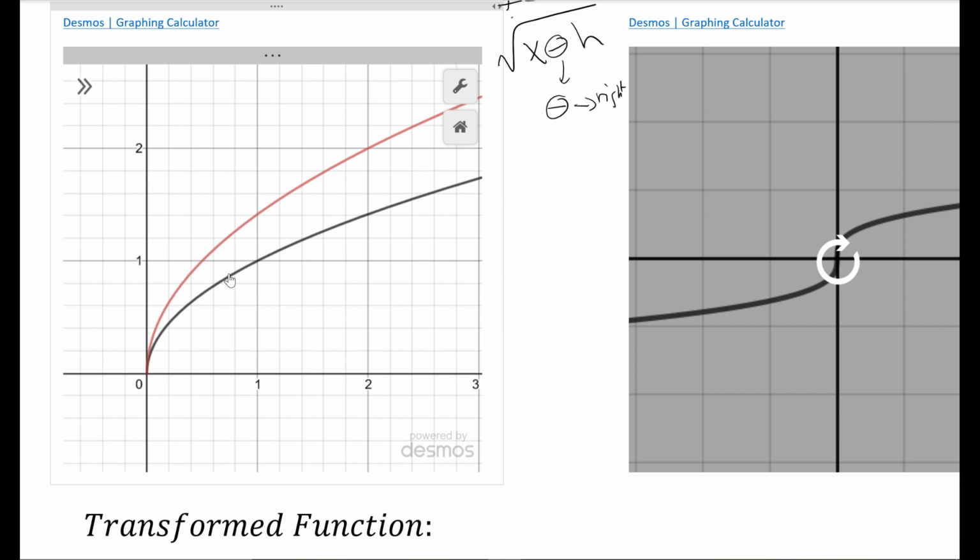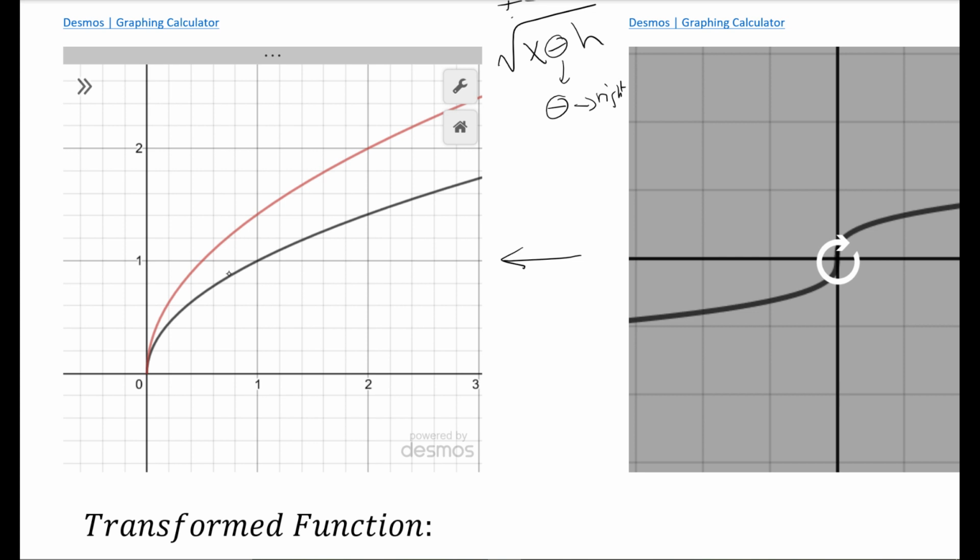Well, it turns out that having a number in there tends to do a couple of things. You can think of it as a vertical stretch, or you can also think of it as a horizontal compression. What's actually happening here is that you're taking this graph and you're compressing it in the x direction.